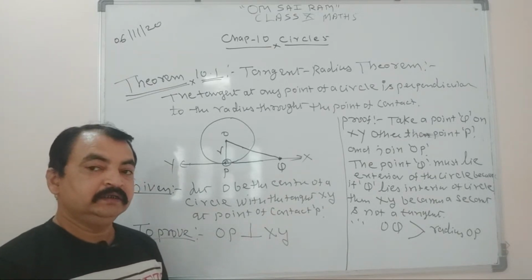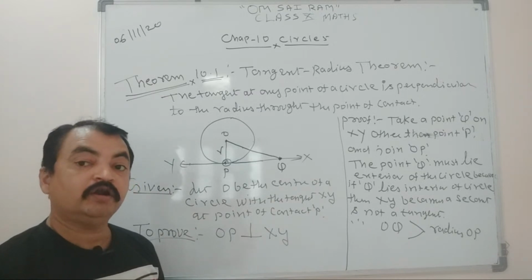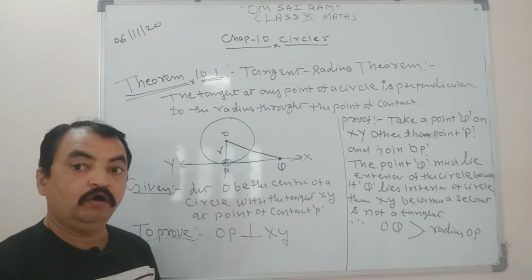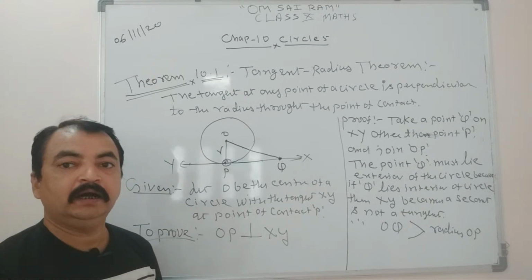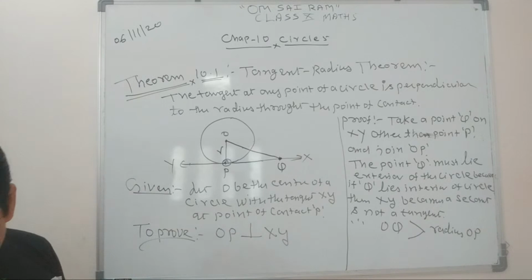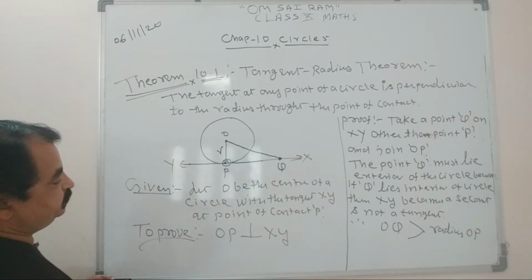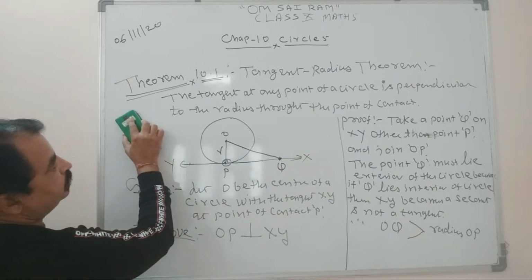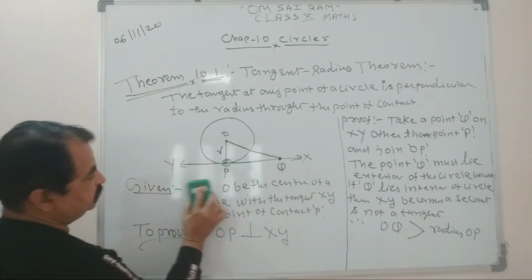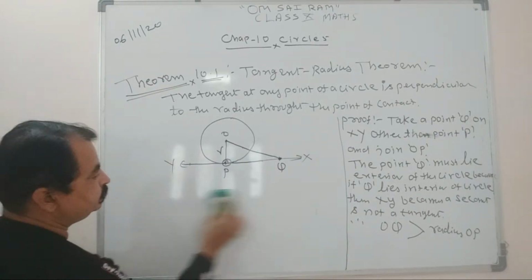And see, this thing is applicable for all the points on the line XY other than the point P, children. So we write this statement, we continue. I'll need the space, children. Okay, so now I'll clean this part and here I'll continue the proof.